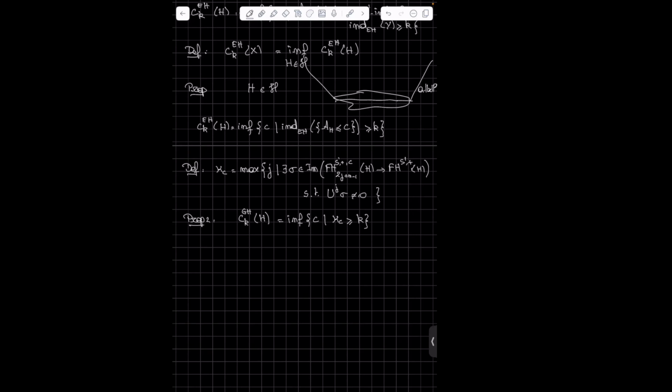And now from those two propositions, the only thing we have to show is that the Ekeland-Hofer index of the set where the action functional is bounded above by C is equal to this kappa C. So if you can prove the Ekeland-Hofer index is kappa C, then you win. And that's exactly what we're going to do.